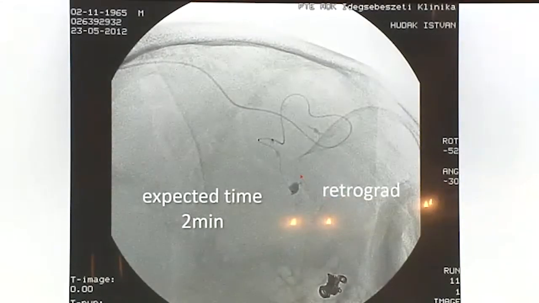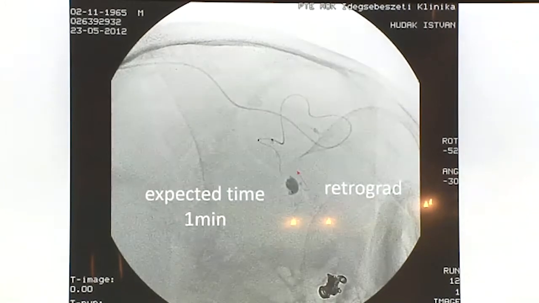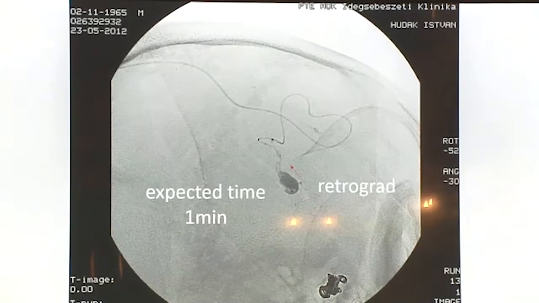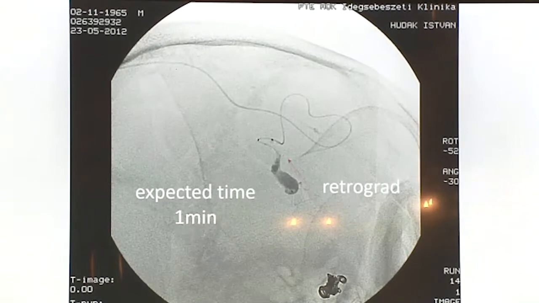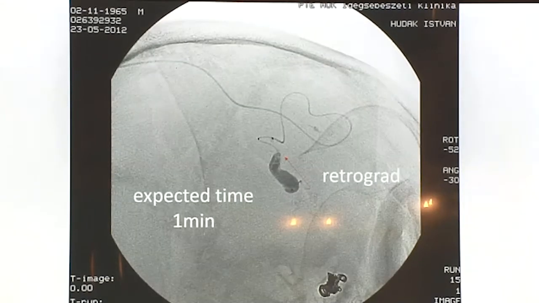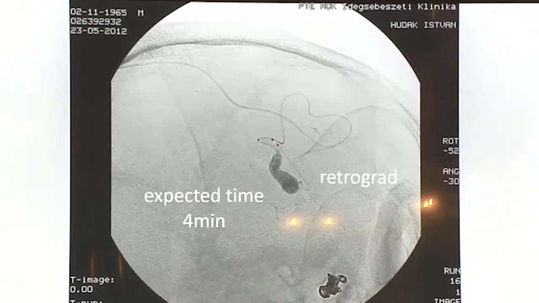What is working really? You can see the catheter with the transvenous approach. I push a small quantity of embolic material and wait, expected time 2 minutes, and the material goes back. This is not a problem, it's very good for me, and it closes the vein.